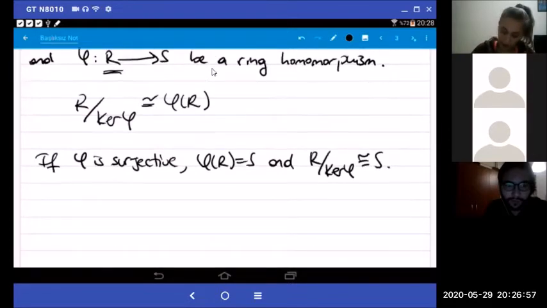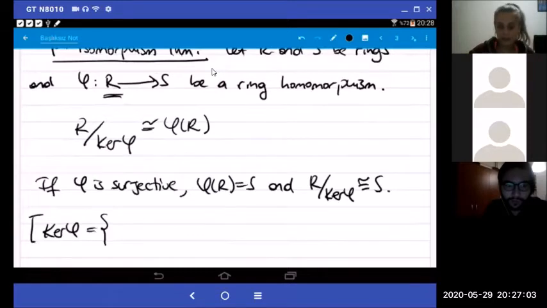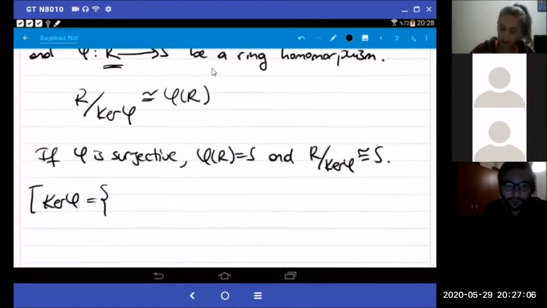Let me remind you what a kernel is. Kernel phi, in terms of these rings R and S, I'm defining.